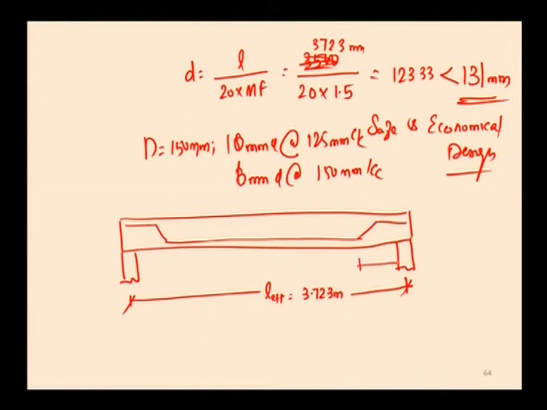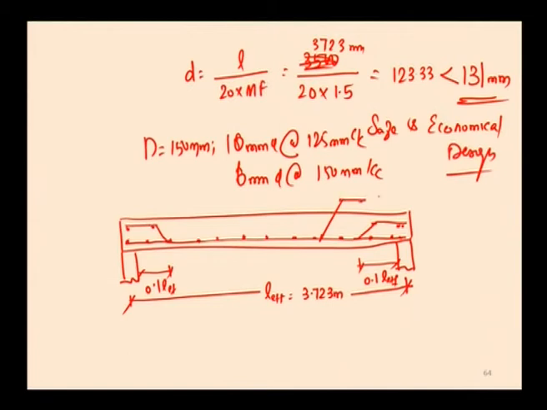It has to be cranked at a distance from the face of the support of 0.1 L effective, 0.1 LEF, and this is the distribution reinforcement. This is the arrangement of reinforcement.